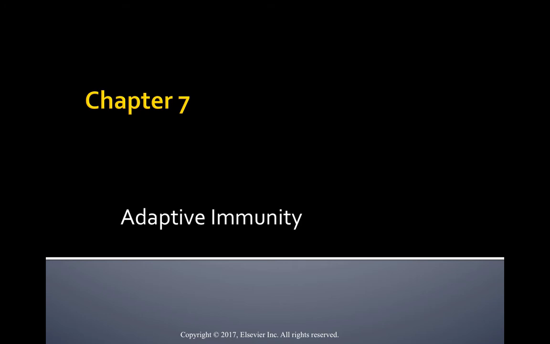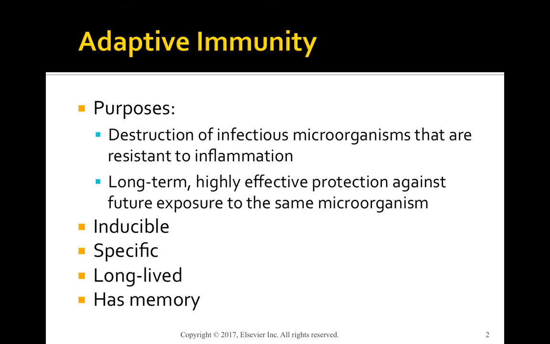So now we're going to talk a little bit about adaptive immunity. The purpose of adaptive immunity is to build up a long-term, highly effective protection against a certain or multiple types of microorganisms.